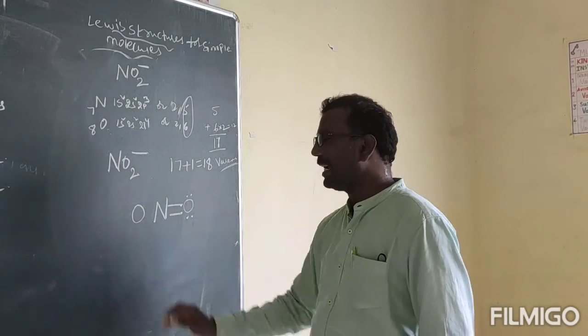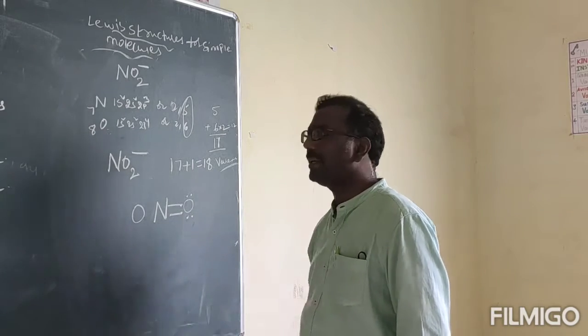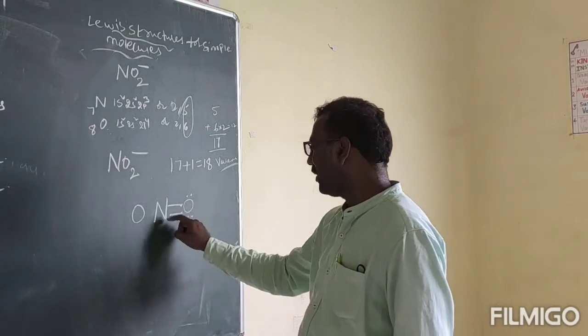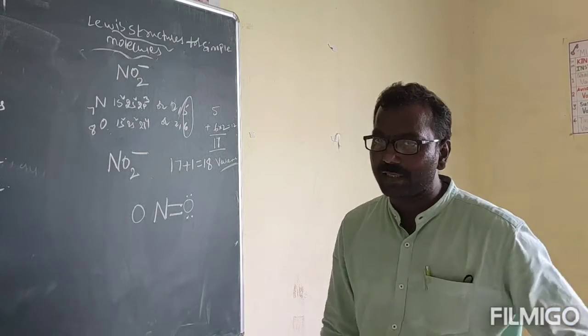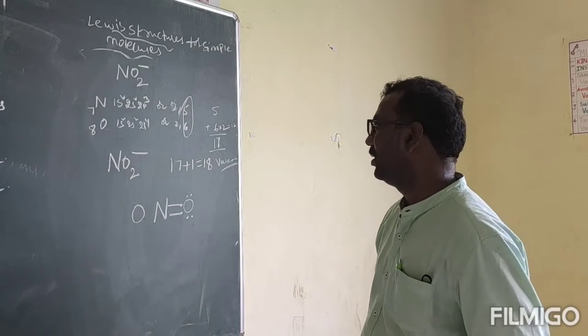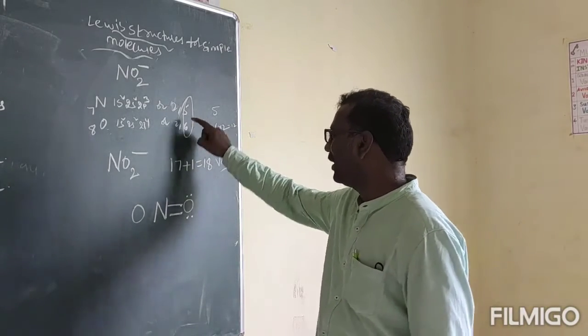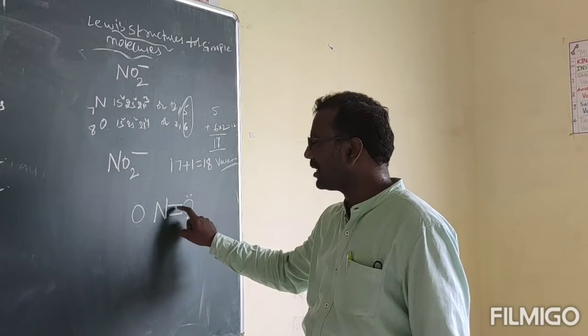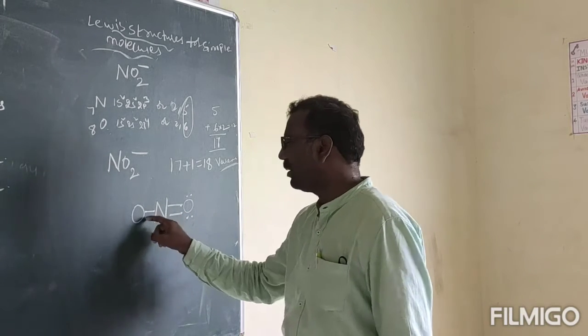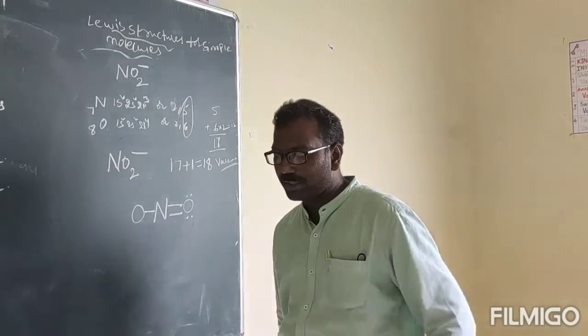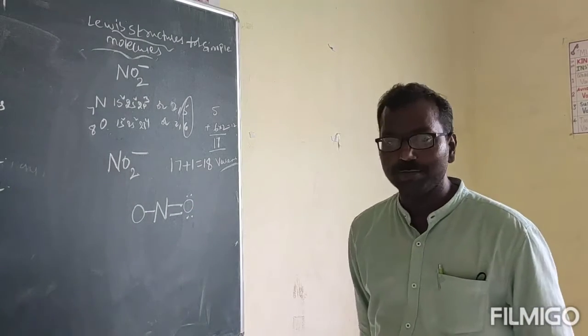Next, for nitrogen now, I have to check. Here 4 are completed. Still nitrogen needs how many electrons? 4 are required, but it requires 3 only. Here already 2 are completed. When I draw one more bond, it is finished. 3 are completed.